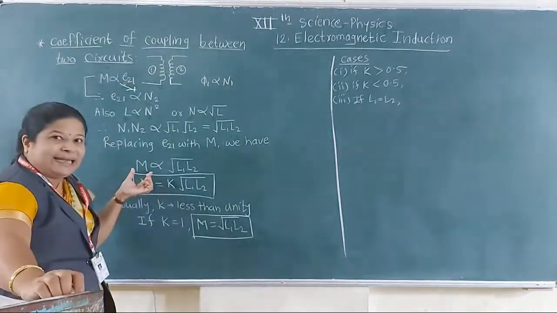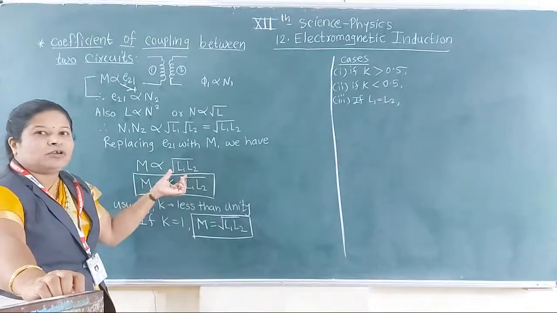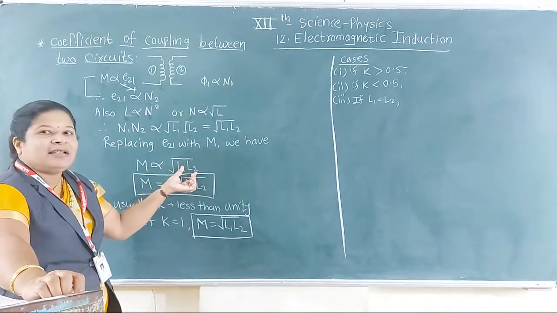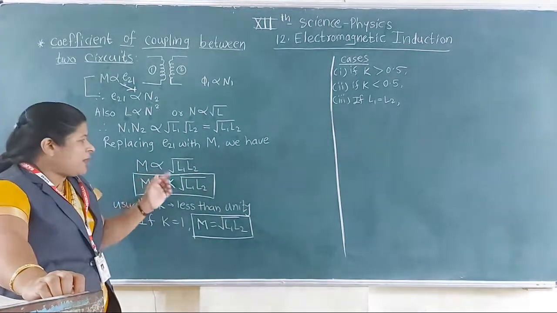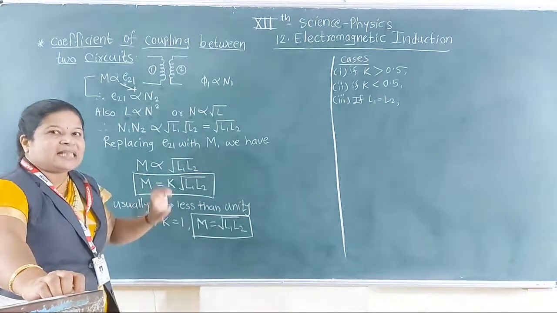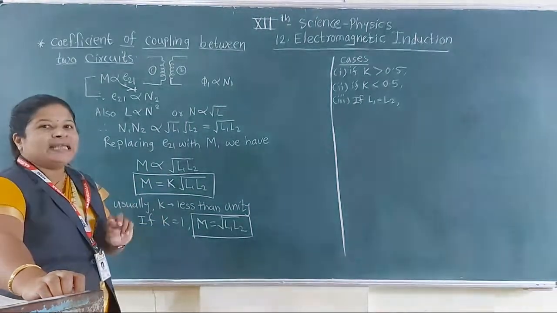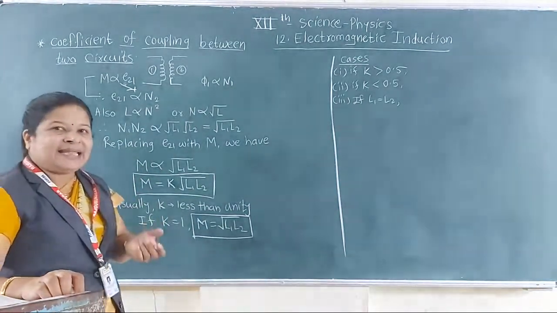So mutual inductance is directly proportional to square root of L1 L2, that means the product of self-inductance of the two coils.